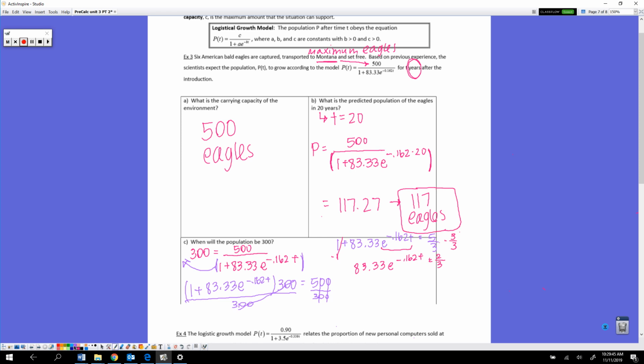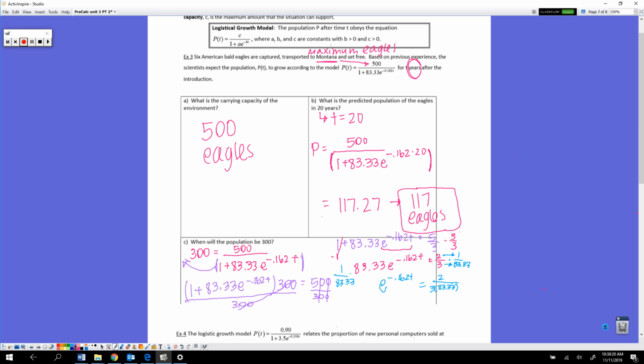All right, we're going to divide by the 83.33. You could also think of this as multiplying by 1 over 83.33. Over here, this 2/3, we really just want to multiply straight across. So e to the negative 0.162 t equals 2 times 1, which is 2, and on the bottom we can just leave this as 3 times 83.33, or you can multiply it in your calculator.